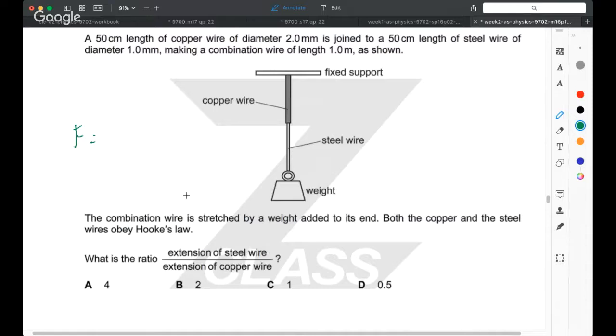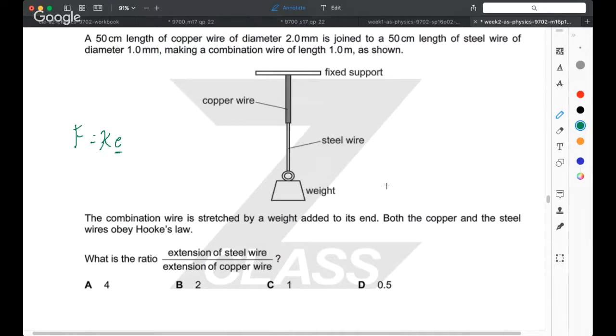The force applied is equal to the spring constant times the extension.